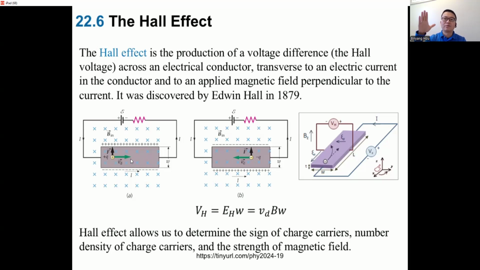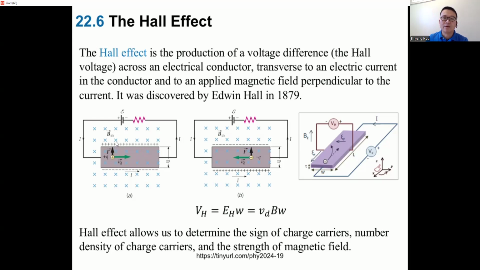Now use your right hand rule again. Thumb in the direction of the velocity, and your forefinger in the direction of the B field. So your palm is facing up. That means the force on the charges will be pointing upward. So positive charges will be deflected onto the top plate here, and as a result you'll have negative charge deposited over here.